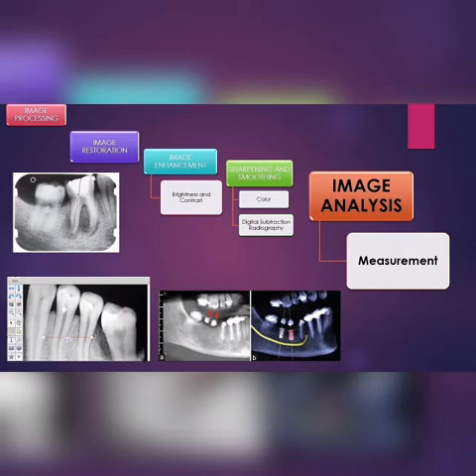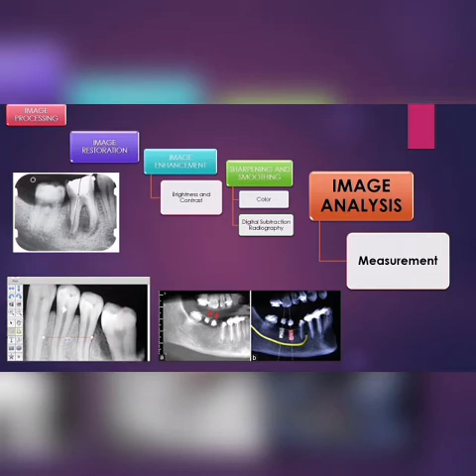In case of periodontology, you can measure the bone levels. In case of implantology, you will be able to measure the remaining bone that is available for the placement of implants, and the angulation of the implants can also be measured. Apart from that, it can be used in orthodontics and various other fields as well.